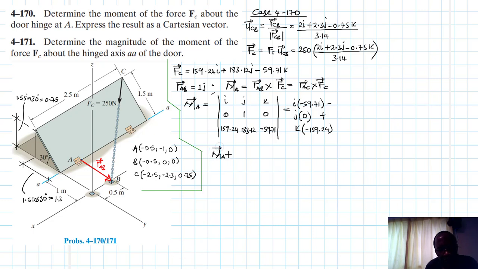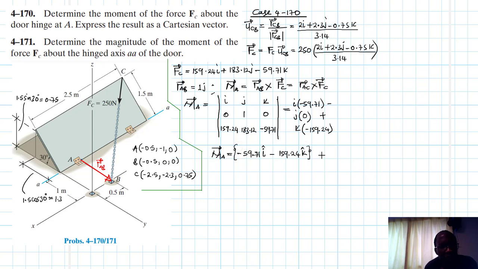Moment about point A as a vector is just going to be equal to minus 59.71 I minus 159.24 K.